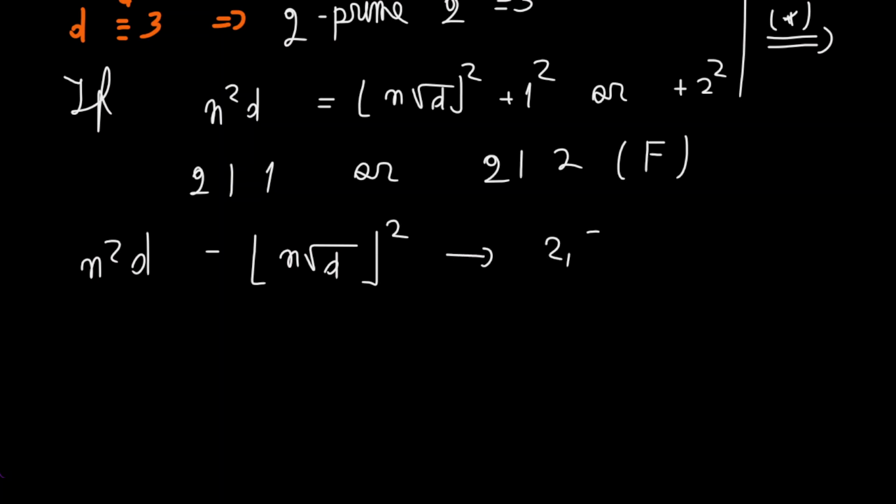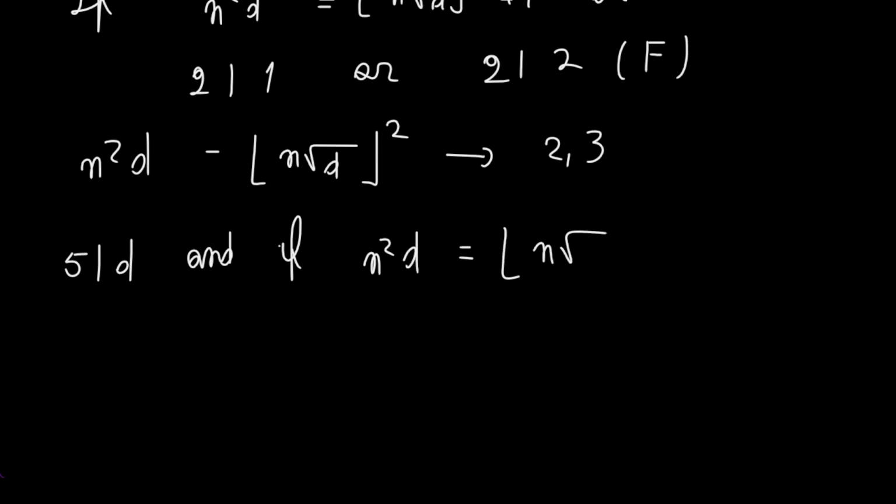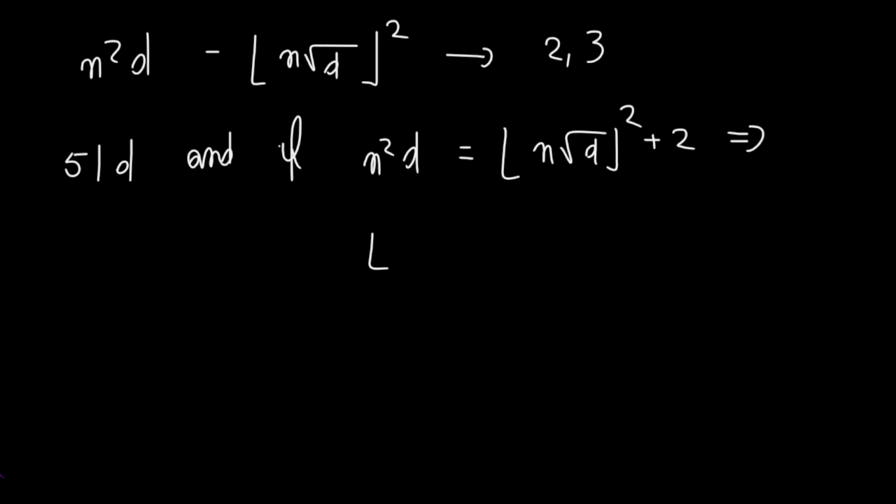And right now 5 came, because 5 divides d, and if n squared d is this stuff, in this particular case it results that this square number is congruent with 3 modulo 5, false.